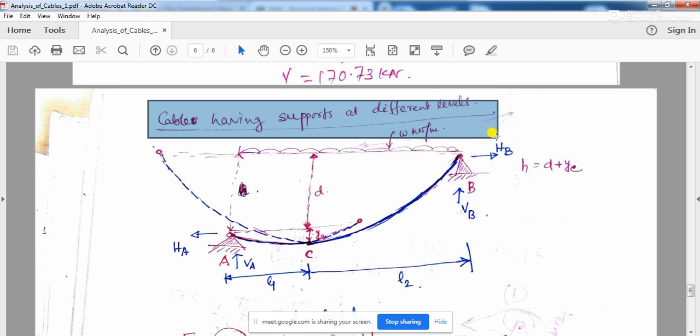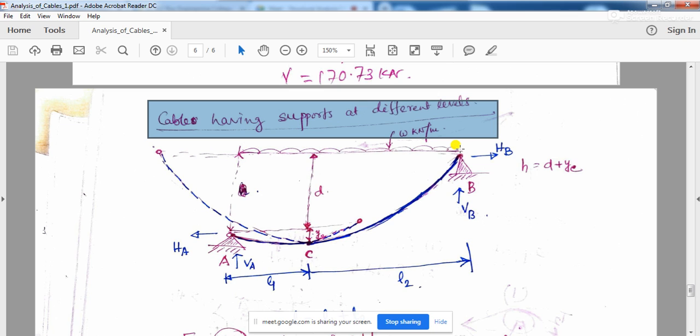Sometimes in competitive exams as well as in university exams, this type of cable profile is given and you need to find out how much will be the tension in the cable. Okay, so don't worry about it. This is exactly the same process we will be following, whatever we have understood for cables supported at the same level.